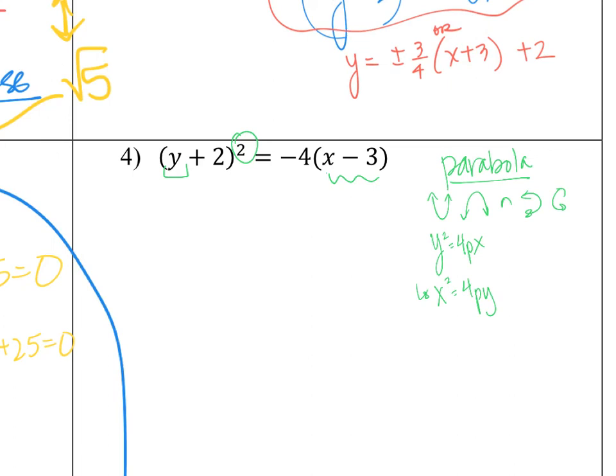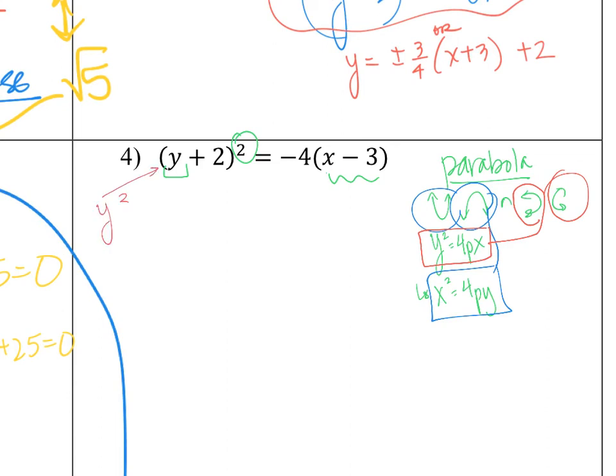So the x squared being like this means we're going to have either a downward or upward facing parabola. If you have the y squared, then it's going to be a parabola pointed left, or it could be a parabola pointed right.